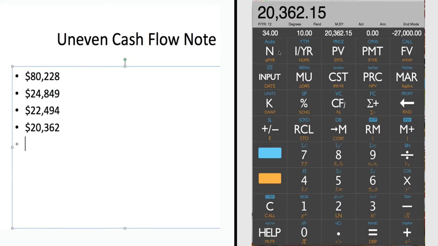And one more time. Oops, recall that plus 12 equals 46. 46 months from now, I get another one. I can pay 18,432 for that one.